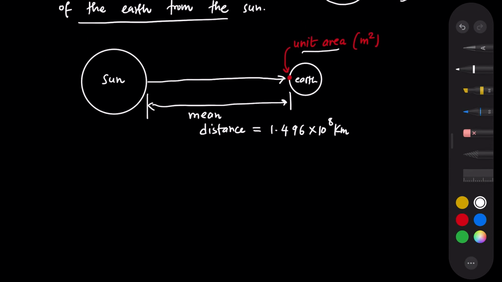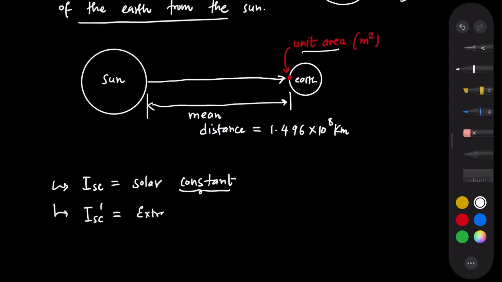So if I consider ISC, this is equal to the solar constant. That's why it has a term known as solar constant. And ISC dash means extraterrestrial solar radiation.